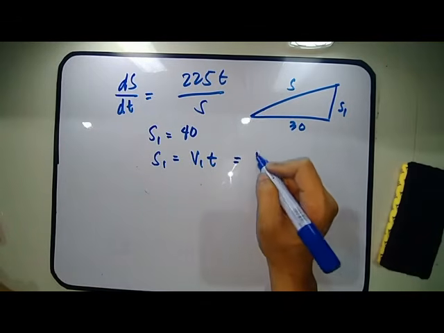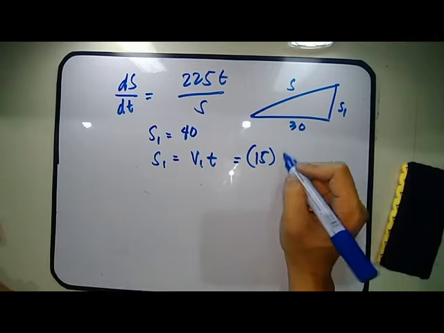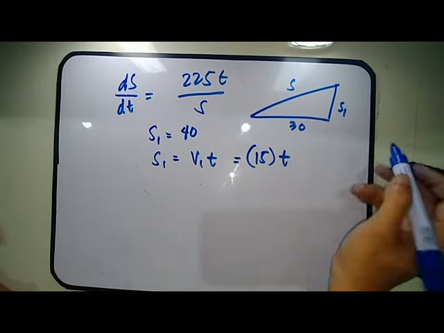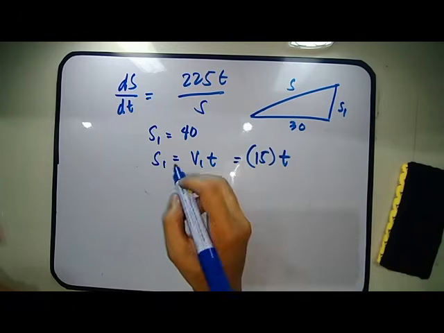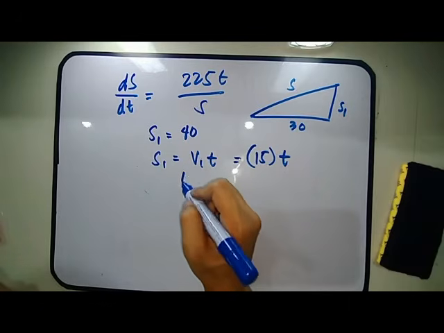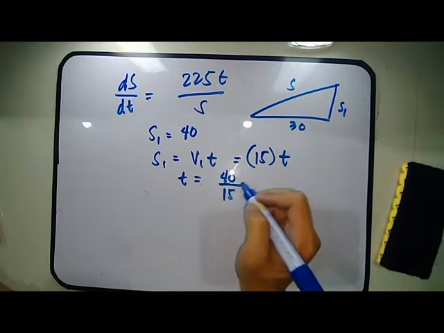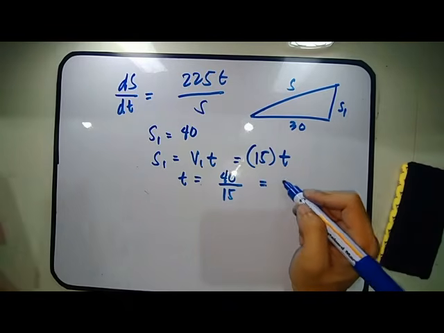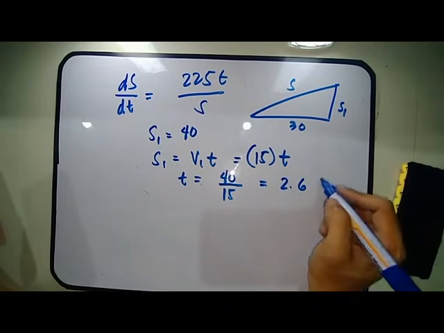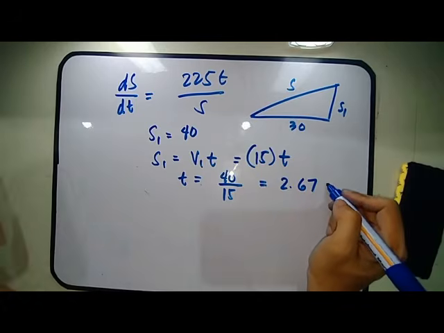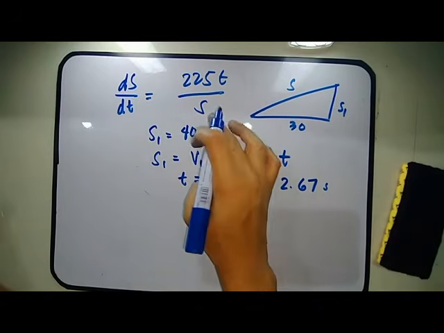V1 is 15, so you have times T. At S1 equal to 40, we have time equals 40 over 15. So this is equal to 2.67 seconds.